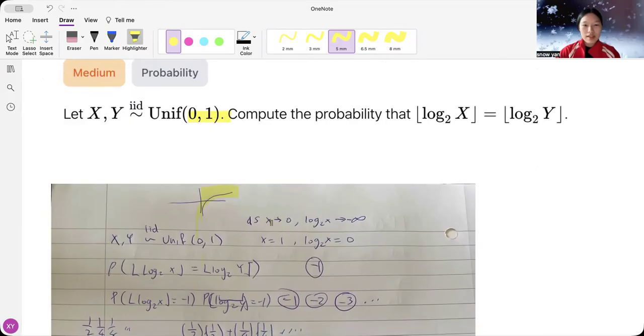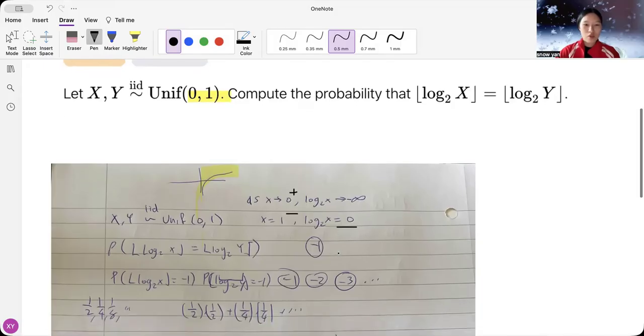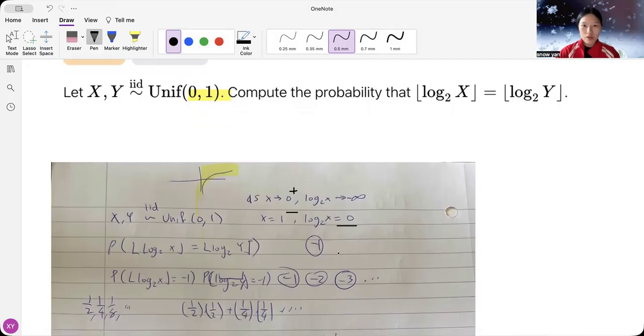As x approaches 0 from the right-hand side, log base 2 of x tends to negative infinity. And as x goes to 1 from the left-hand side, log base 2 of 1 equals 0. So we're in the range of negative infinity to 0. That's the range we're working with.